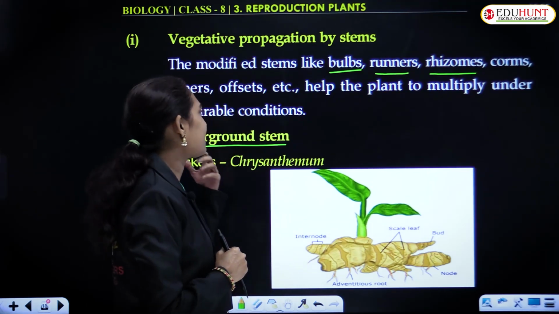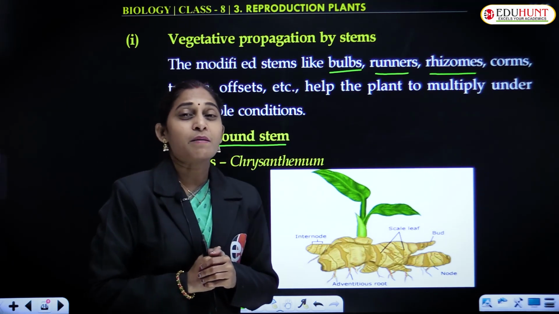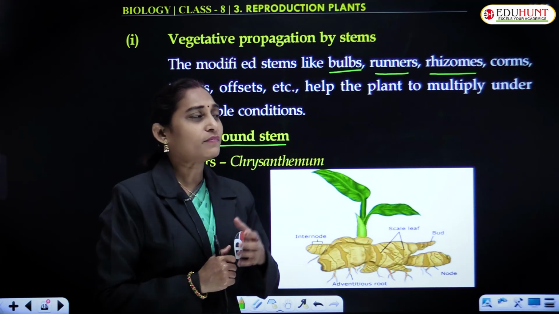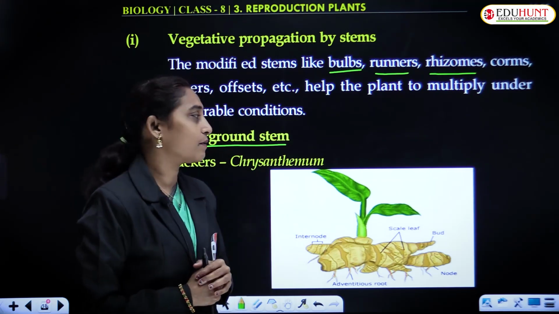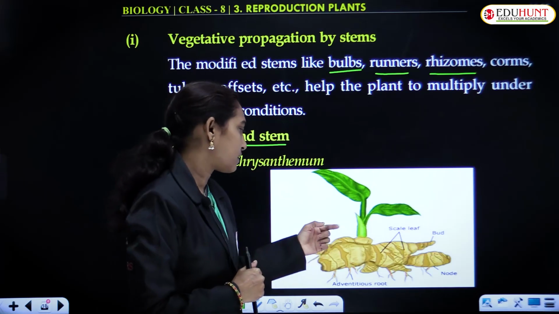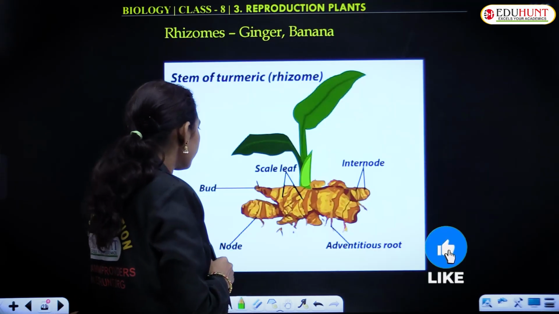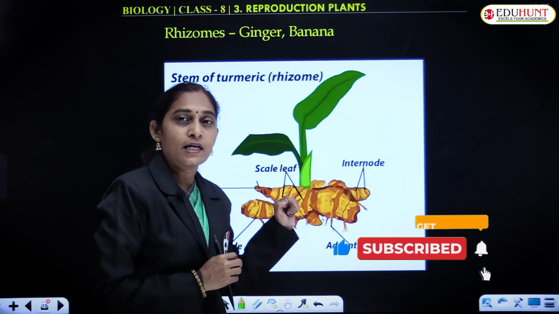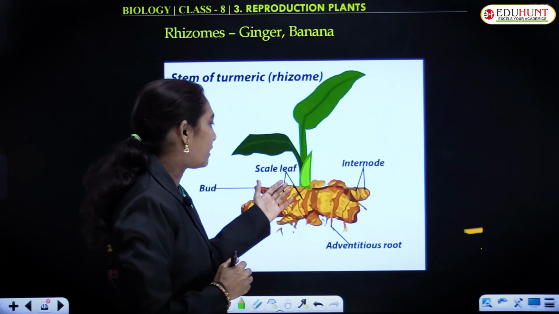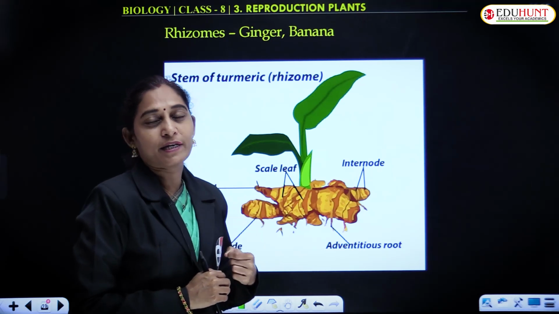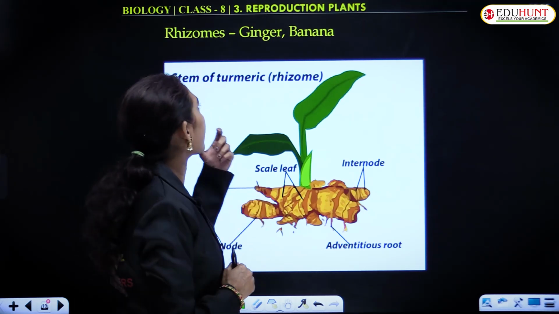Then we are saying that underground stem, some stems are present underground. For example, ginger, allam. In ginger we see the underground stem. This is ginger. This underground stem is called rhizome. The underground stem of ginger and even turmeric is called rhizome.